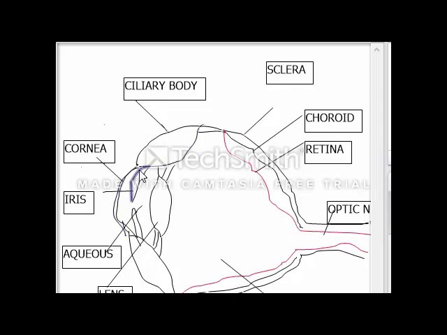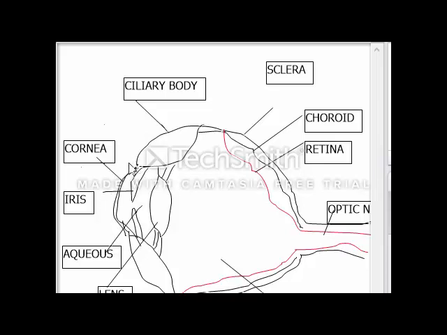The canal is called the canal of Schlemm, and this will help the aqueous humor to leave the eye and enter the venous sinuses of the brain. The lens is anchored by the suspensory ligament which attaches to the ciliary body, and when the ciliary muscle contracts, it is going to increase the magnification of the eye.